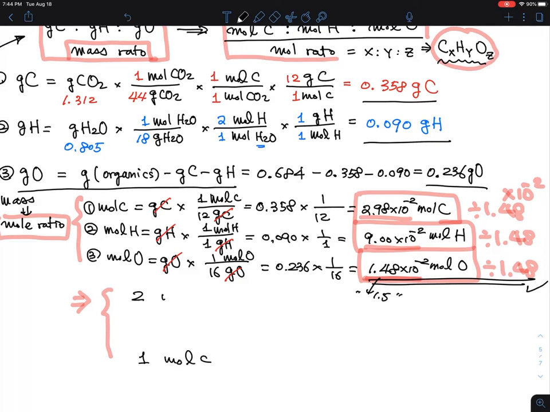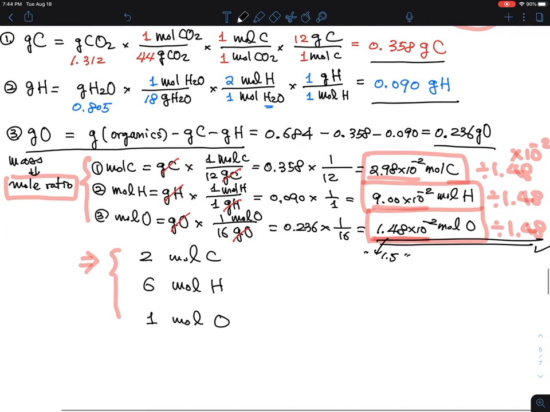So this is 2 moles of carbon, 1 mole of oxygen, and 6 moles of hydrogen. This is what we find out: the X, Y, and Z numbers for carbon, hydrogen, and oxygen.